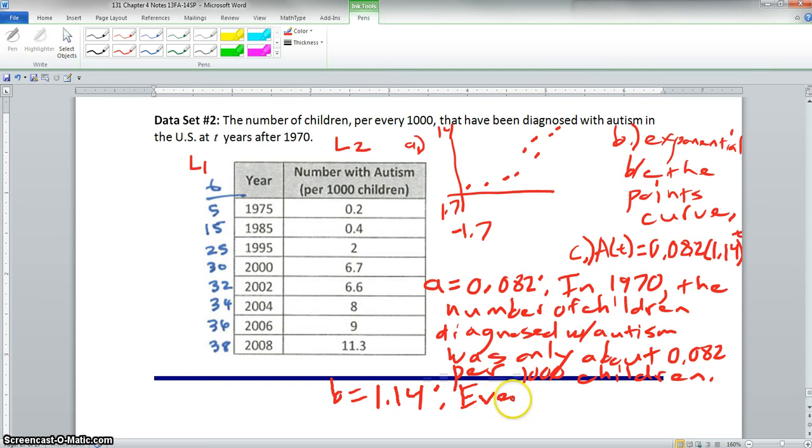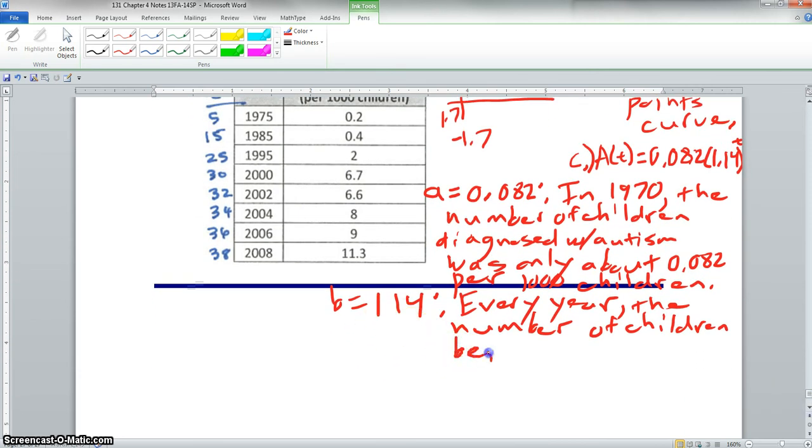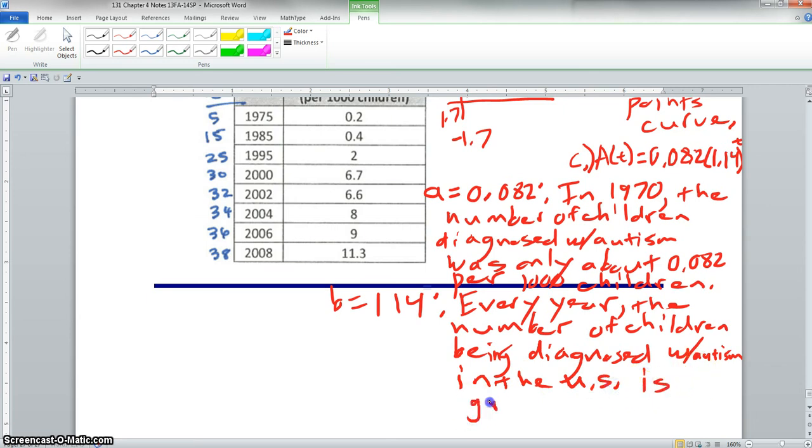So we'll have every year the number of children being diagnosed with autism in the U.S. is growing by. Now, what I want you to do, I want you to figure out how much this is growing by.